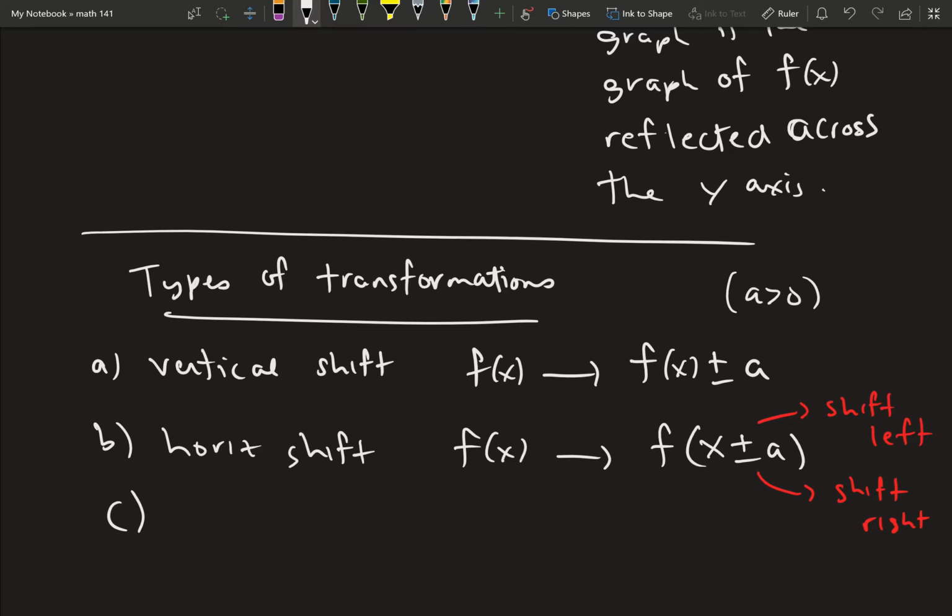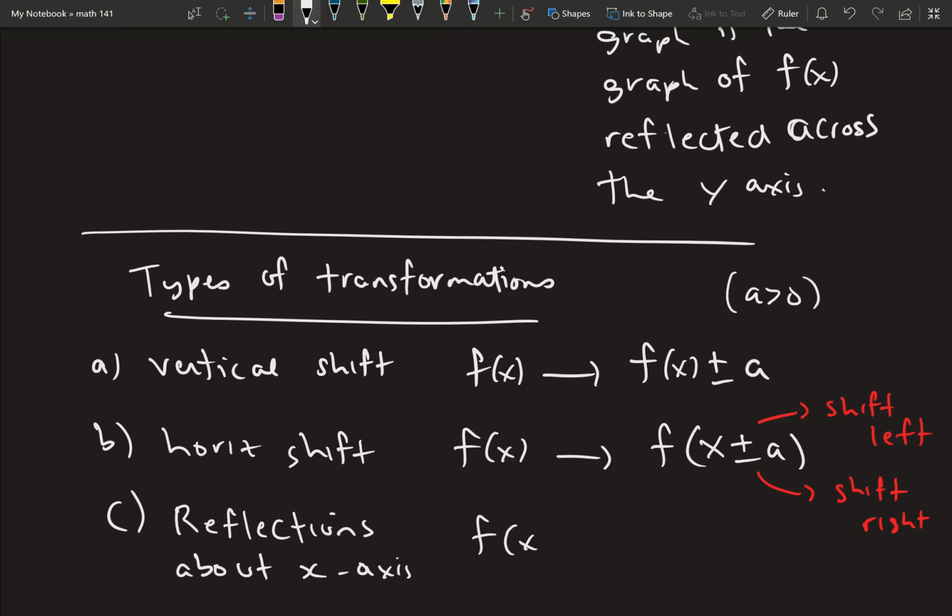The next one we saw was a reflection, which we just did. The reflections, of which there were 2 types. So let's say reflections about the x-axis.